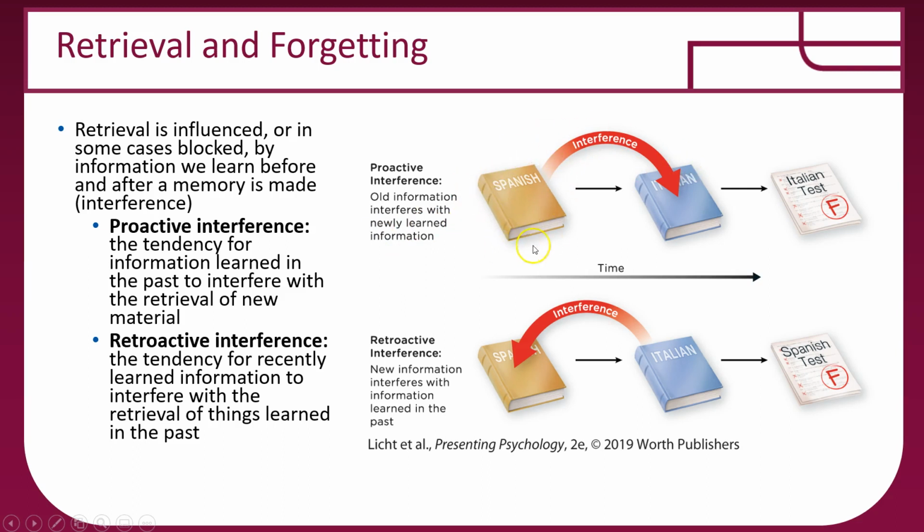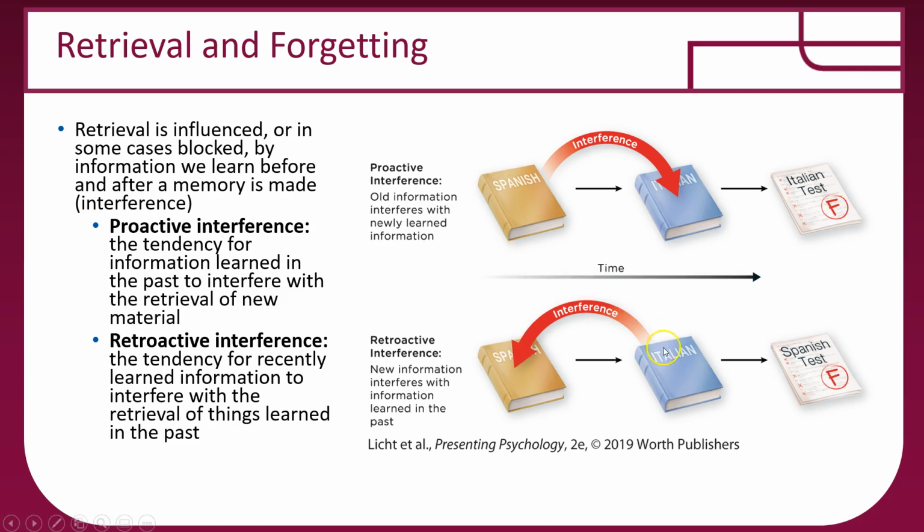So if you learned Spanish originally, and then you learned Italian, you have to take an Italian test, and you don't do well on the Italian test, it could be that your learning of Spanish proactively interfered with your learning of Italian, and you didn't quite learn the Italian. You keep making mistakes because you had learned Spanish prior.